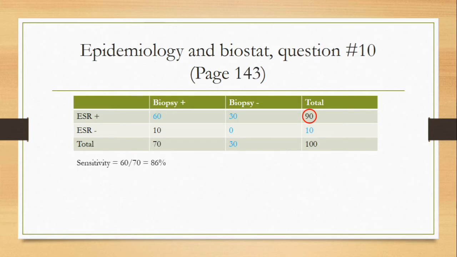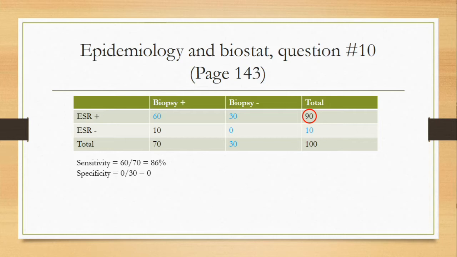And when you calculate the sensitivity, it gives you 86, because sensitivity is calculated as the number of true positives over the total amount of the patients that actually have the disease, so biopsy positive. And the specificity would be 0 if you have the total amount of patients that tested positive for the ESR as 90.